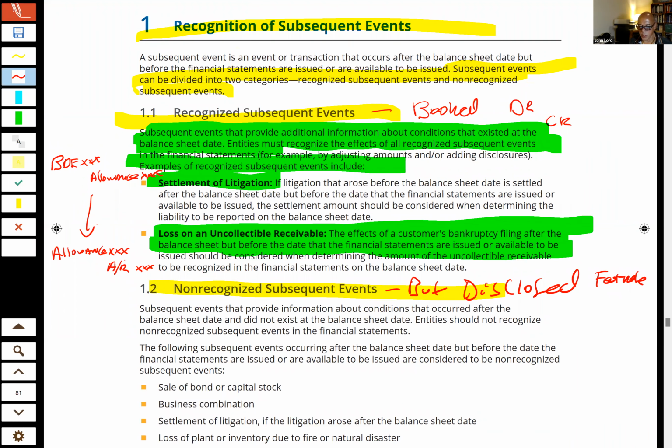Now, if I reduce the amount in the allowance, there's potential that I may look and say, you know, now I don't have enough in the allowance.